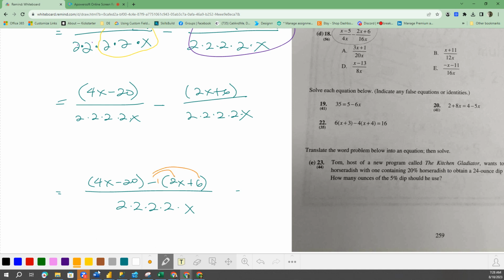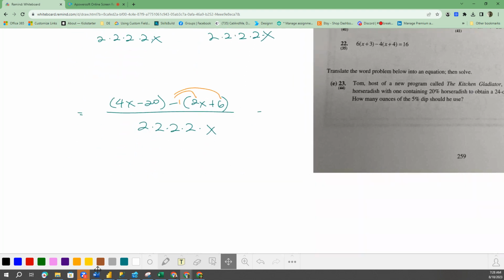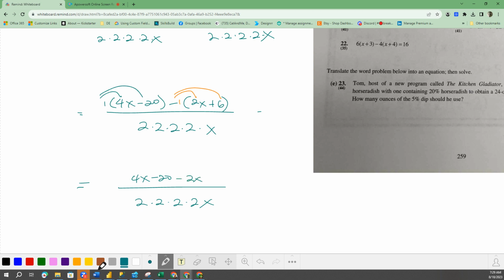Okay, all right, so let's do that. So we will have 2 times 2 times 2 times 2 times x, and 4x minus 20 because that's basically just positive 1 that you multiply, so it's going to be the same. Now negative 1 times 2x is negative 2x, negative 1 times 6 is negative 6.